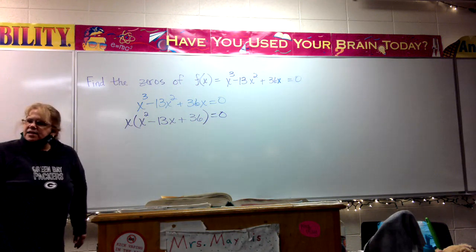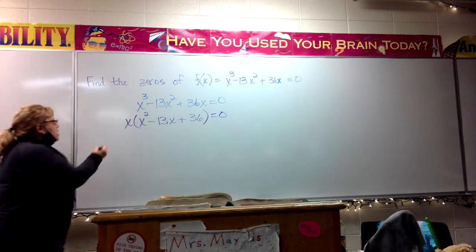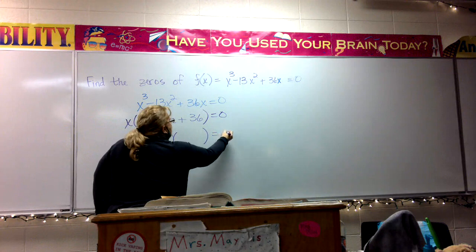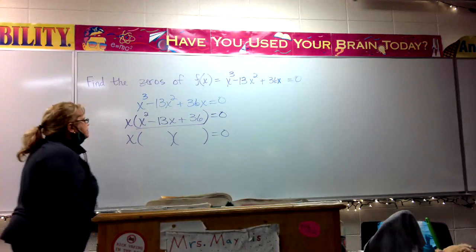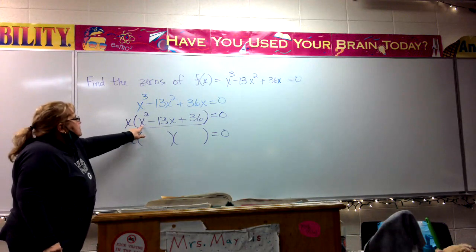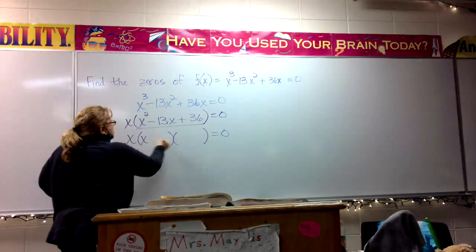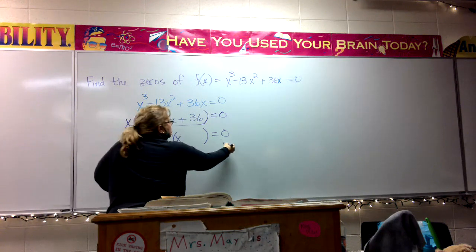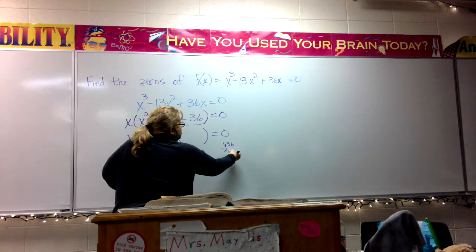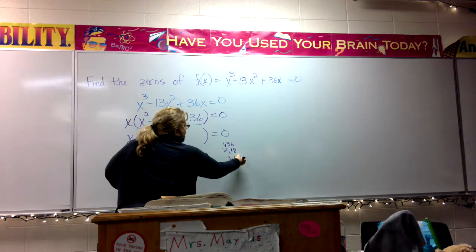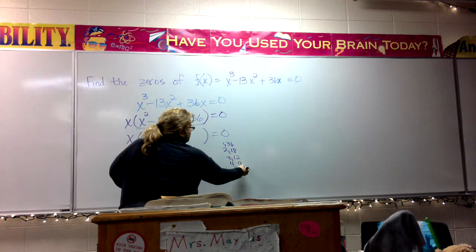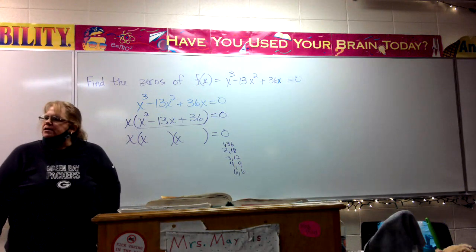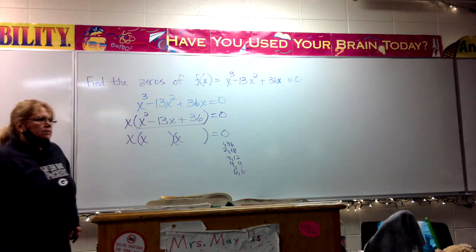Is that as far as I can go to factor it? No. It's possible that this might be able to be factored farther. And if it does, that means that has to be x and x. 36 down there could be 1 and 36, 2 and 18, 3 and 12, 4 and 9, 6 and 6. She says 4 and 9. Anybody agree? Marshall?